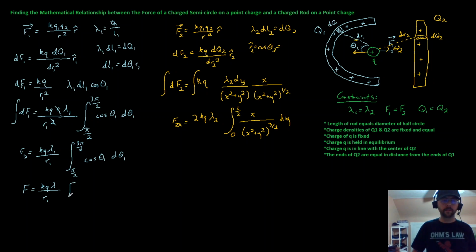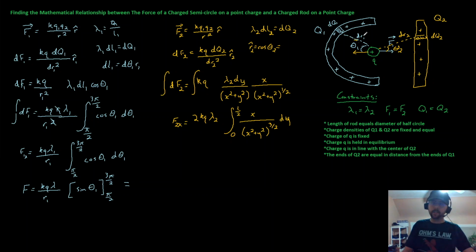The integral of cosine is just sine. So we have sine theta sub 1 evaluated from theta sub 1 equals pi over 2 to 3 pi over 2. And now we're just going to plug in. It's actually nice because this is already a circle shape, so we can just imagine the unit circle.